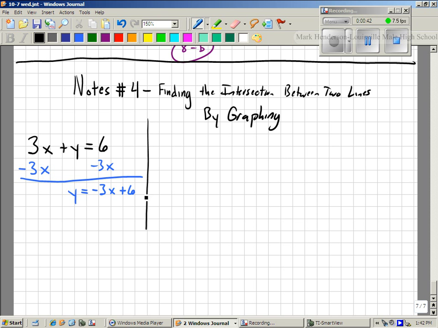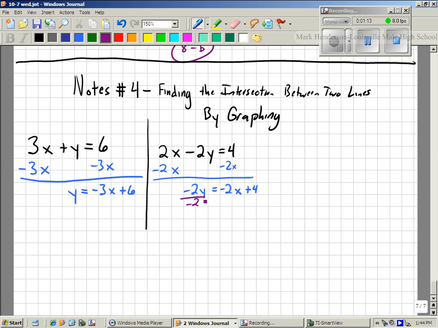Secondly, I want you to do this one on your own. 2x minus 2y equals 4. Please solve that one for y on your own. So here's what we're going to do. We're going to subtract 2x from both sides, and we have negative 2y equals negative 2x plus 4.